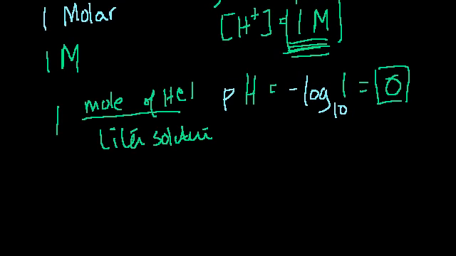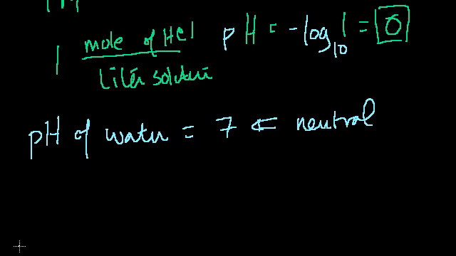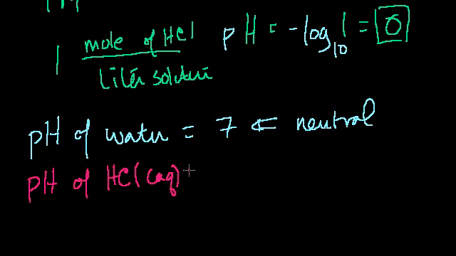So the pH of water, just without any acid in it, was equal to 7, and this is considered a neutral pH. Now we know that if you were to have an aqueous solution with 1 molar of hydrochloric acid, we can say, I'll do it in red, the pH of HCl in water is equal to 0. So obviously, a low pH is more acidic, and we went over that in previous videos.